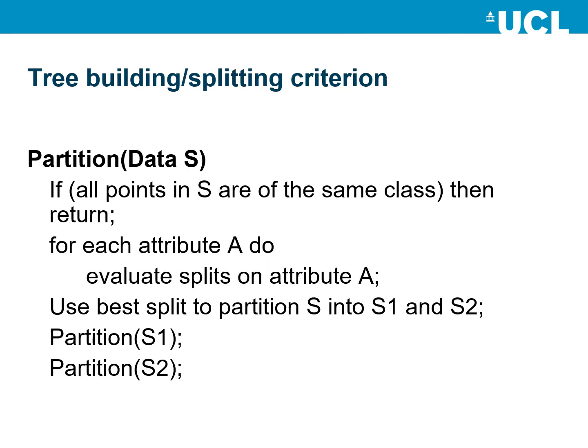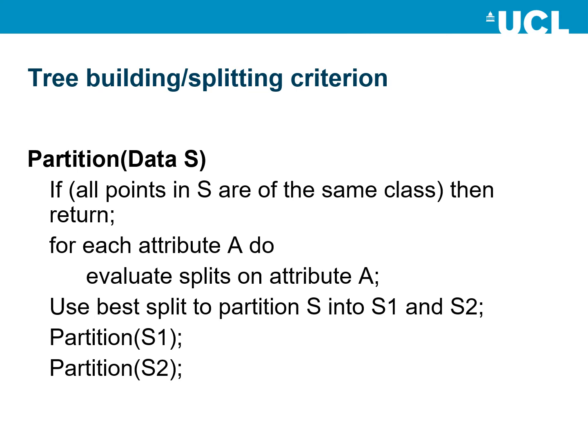This is the pseudo-algorithm to create a decision tree. Let's call the method partition. The input is data S. If all points in S are of the same class, then your algorithm can stop and you can return. In any other case, for each attribute A of your training set, do a split based on the attribute A. You need to do a best split to partition S into a subset S1 and S2.